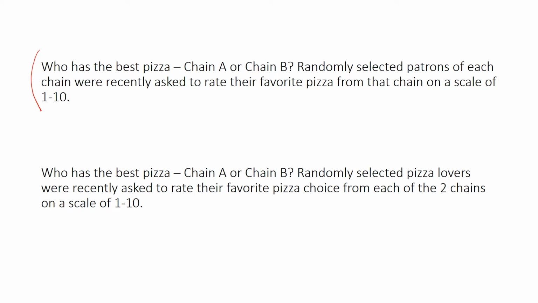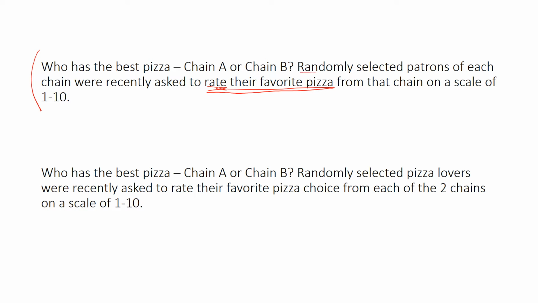Our variable is pizza ratings, and each patron was asked to rate their favorite pizza. So each person gave one rating. So we have one quantitative variable. Each observation is a single number.